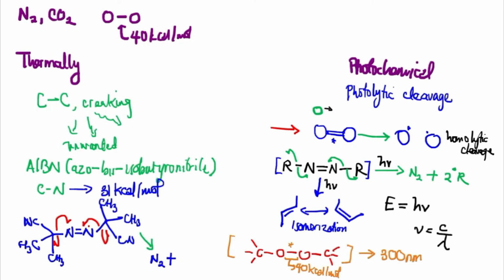This is the other product right there, with a radical on the center carbon and our CH3s. So that's about it for this video, where we explore the two ways of radical production.